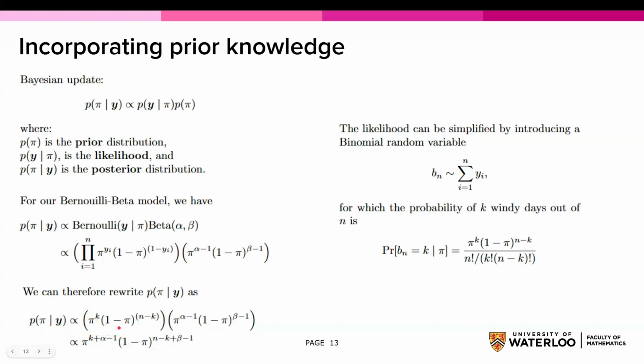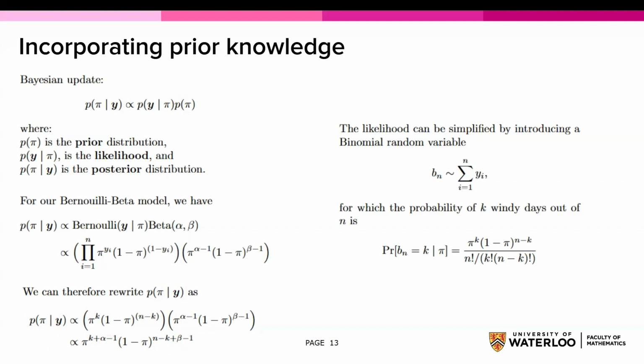And so working with such conjugates makes the math a lot simpler. It's worth also noting that a full Bayesian update would also involve normalizing the product of the likelihood and the prior to ensure that it represents a valid probability density function.